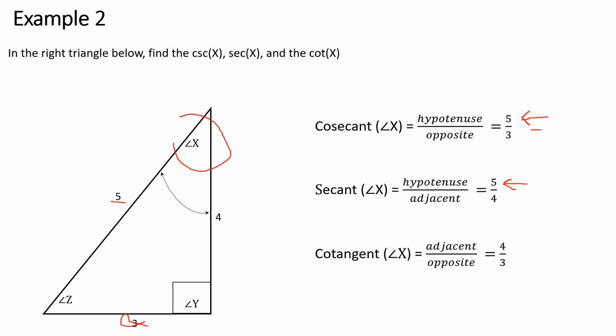The adjacent for angle X is right here, 4. And then it's adjacent over opposite. My opposite, I said, is 3, that's in the bottom here. My adjacent, which is my numerator, which is top here, is 4.